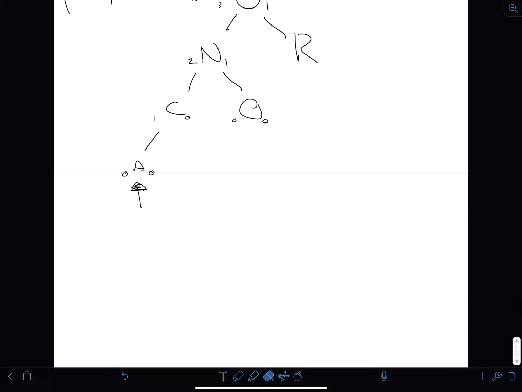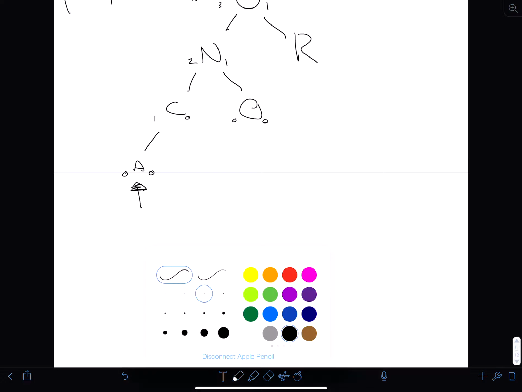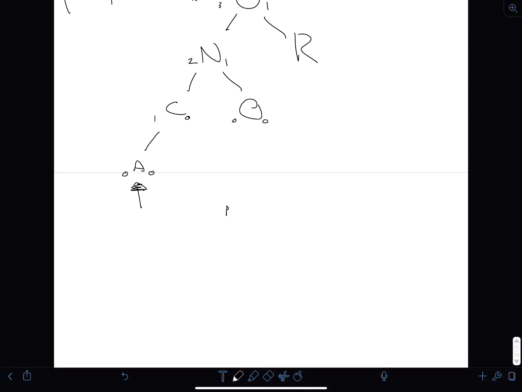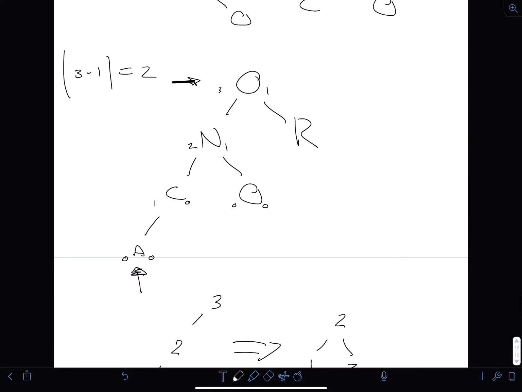We are going to basically go from that to that. That's the one we're going to try to perform on this thing.